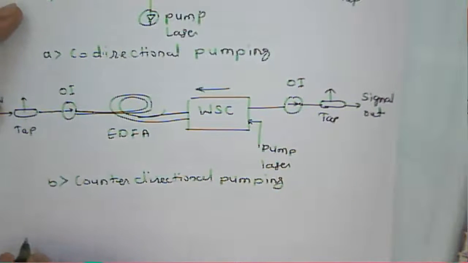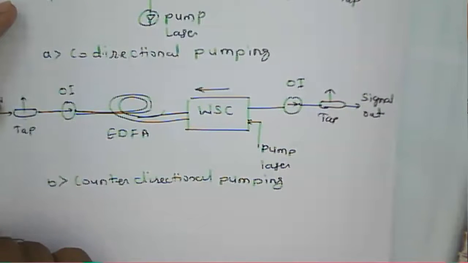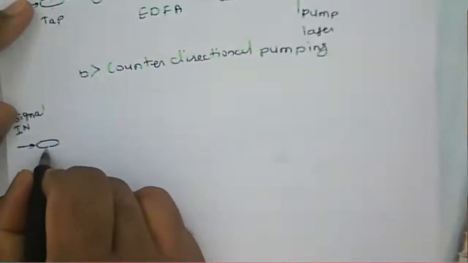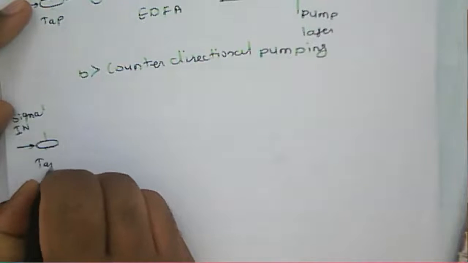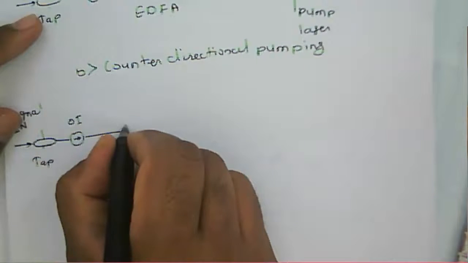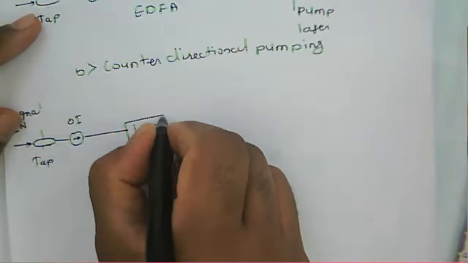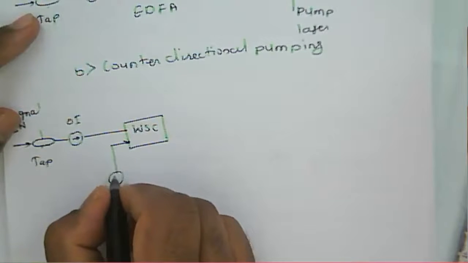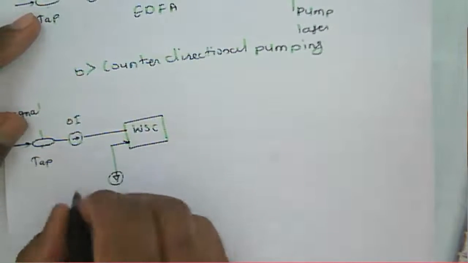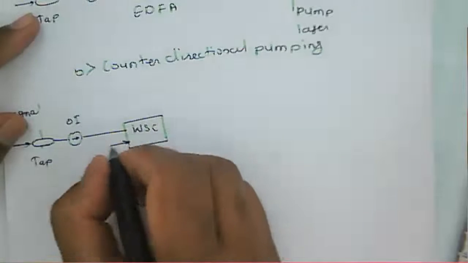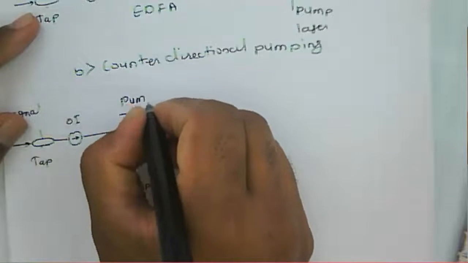Then another pumping scheme: a signal in here. Then this one is a tap, then an optical isolator. Then we have the wavelength switching circuit. The wavelength switching circuit will be useful for the specific wavelength, so it will work for the specific wavelength. Pump laser here, and this one is your pumping.